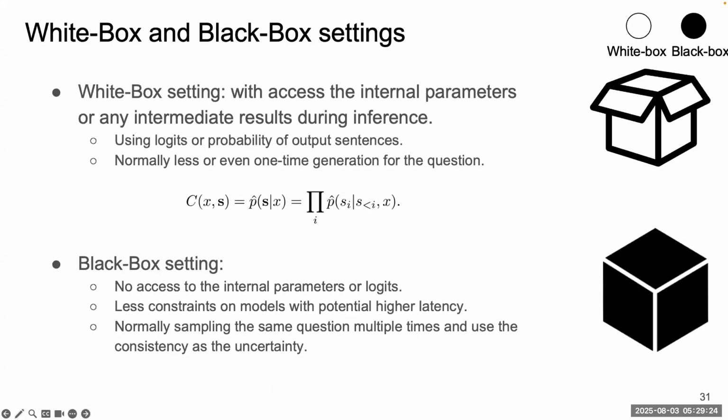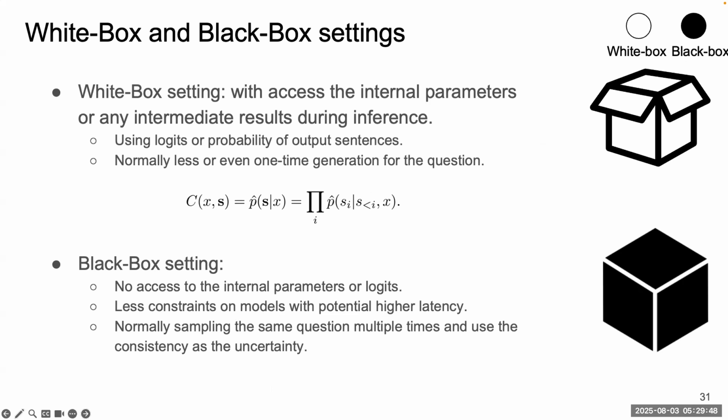If you have access to the model's output probability or the model weights, then we consider it a white box. Sometimes people also speak of a gray box setting, where they only have the output probability of certain tokens, but not the whole model.